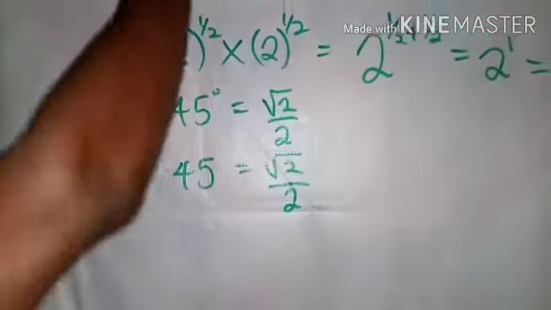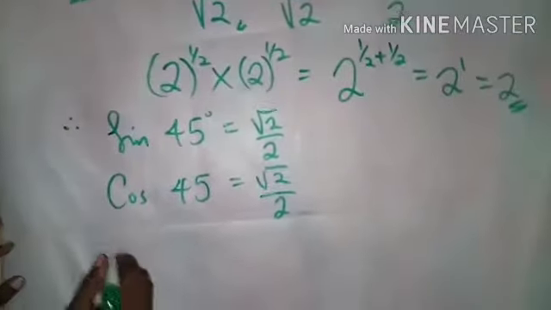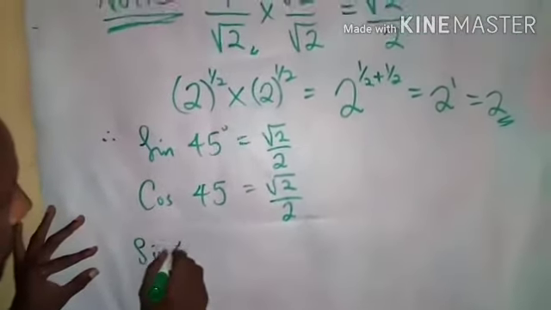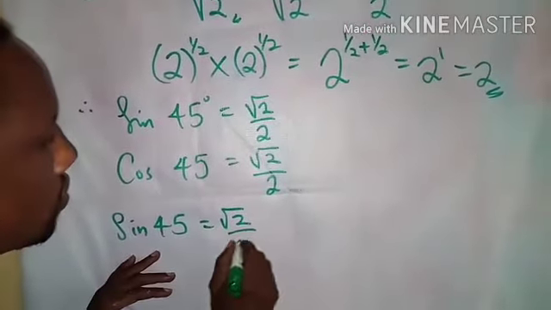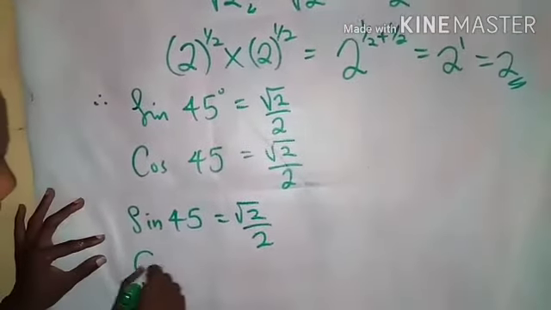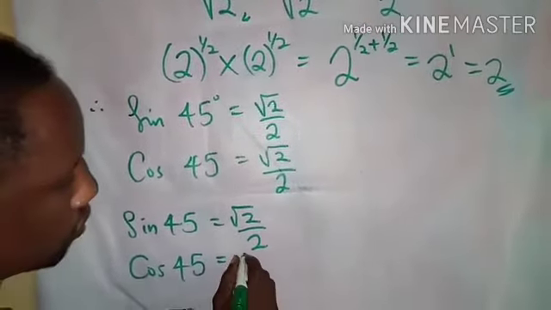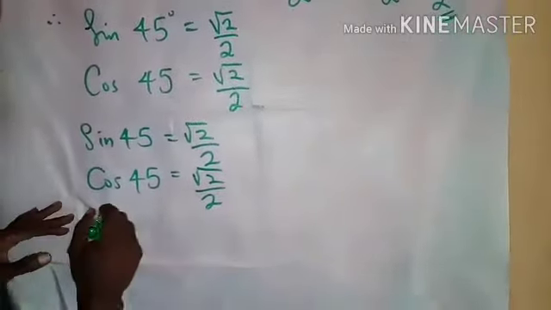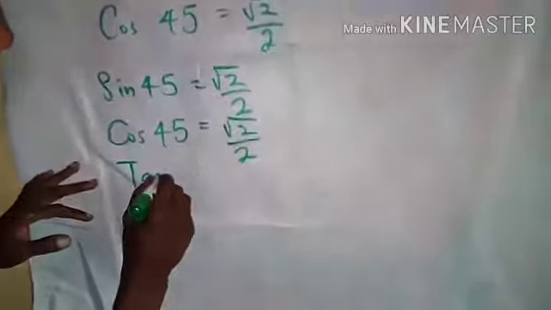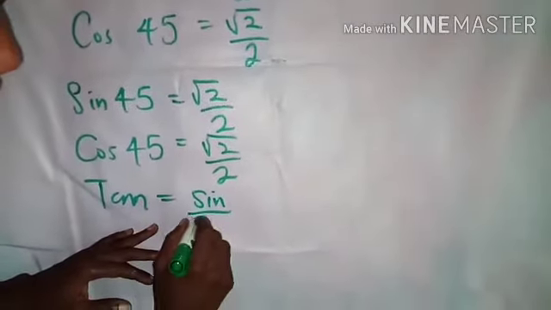So back to looking for tan 45, which is the same as sine 45, which is root 2 over 2, and cos 45, which is also root 2 over 2. Just from what we said, tan equals sine over cos.